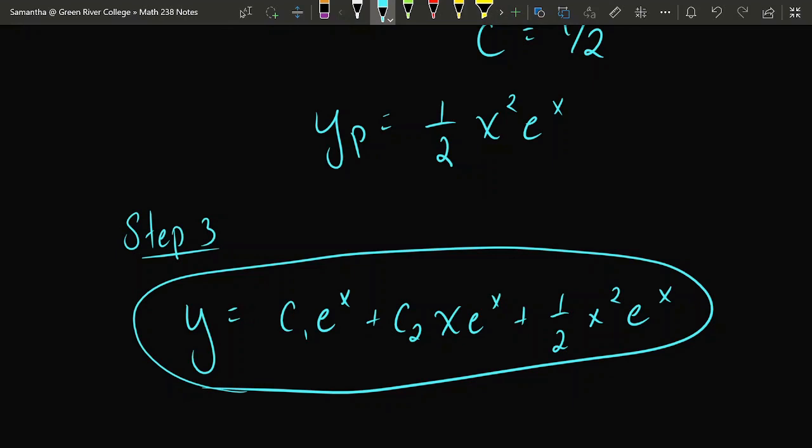When you're using method of undetermined coefficients and your guess of a particular solution happens to coincide with one of the complementary solutions that you found in step number 1, take your guess and multiply it by an x. If it still happens to be a complementary solution after doing that, multiply it by an x again. And with this, you can usually eventually stumble across a particular solution.